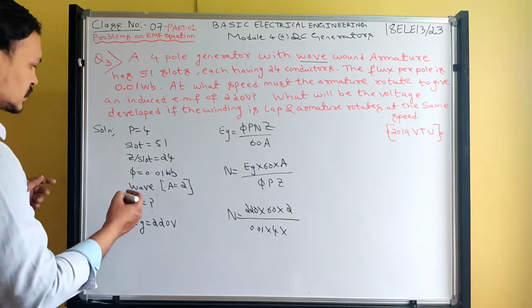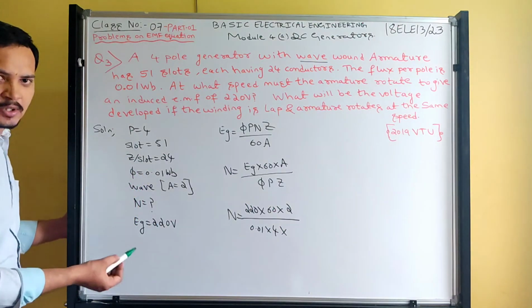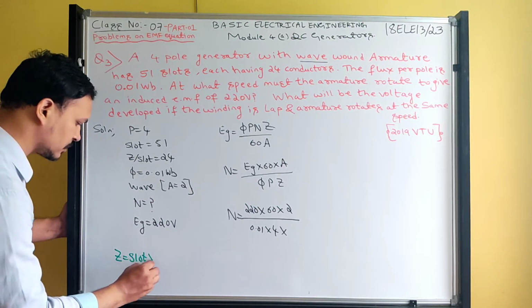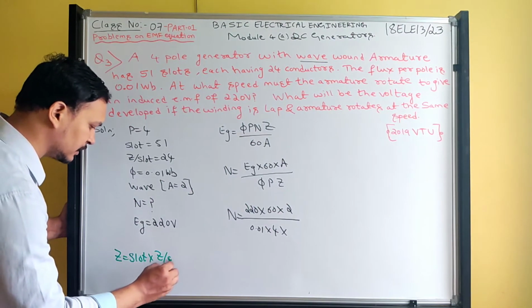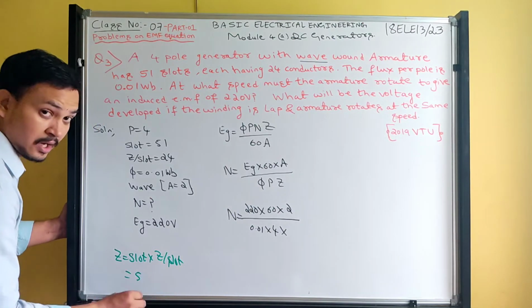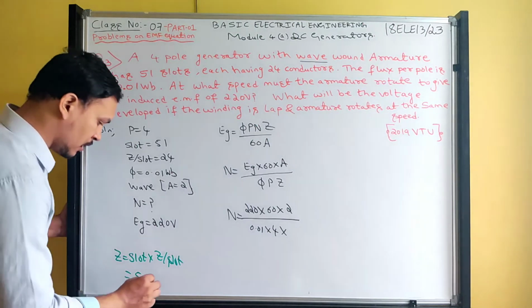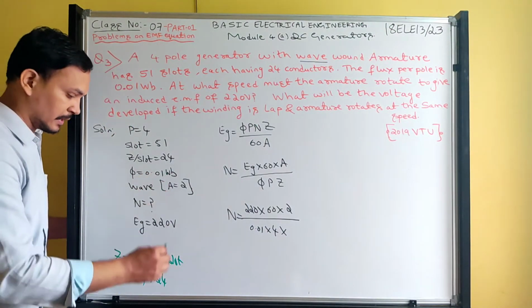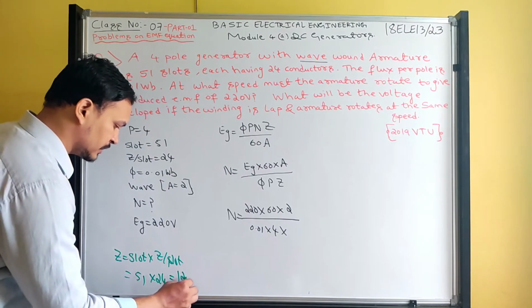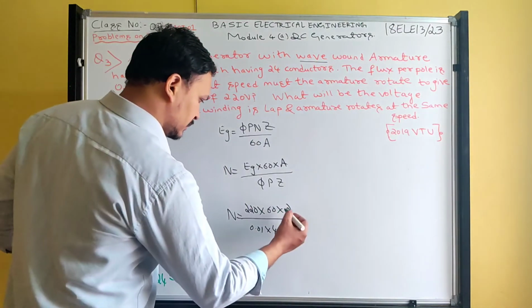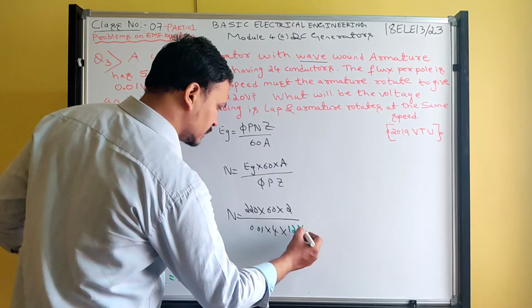They gave it as slots and conductors per slot. So the total number of conductors Z is number of slots into conductors per slot: 51 slots, 24 conductors in one slot. If you multiply this, you will get 1224. That is the Z value, enter it here.